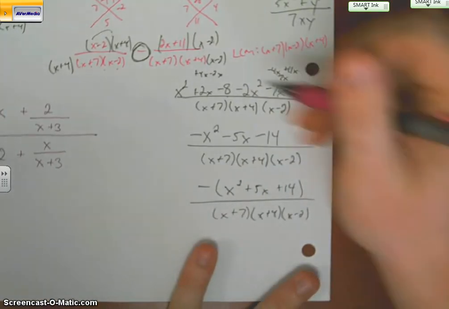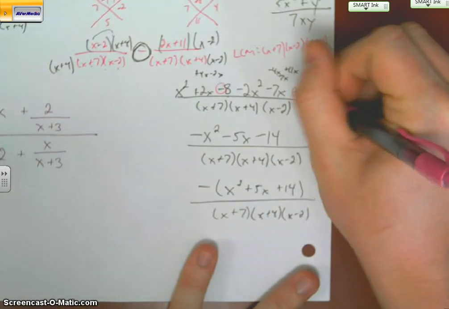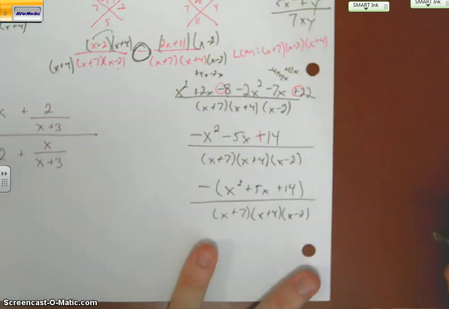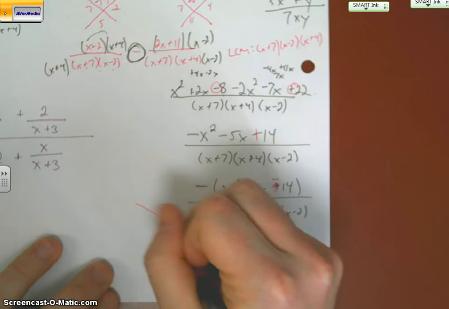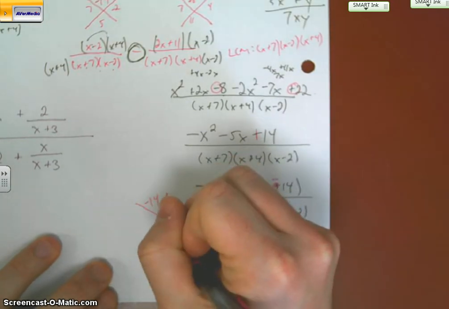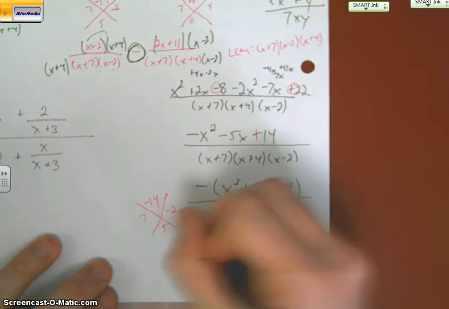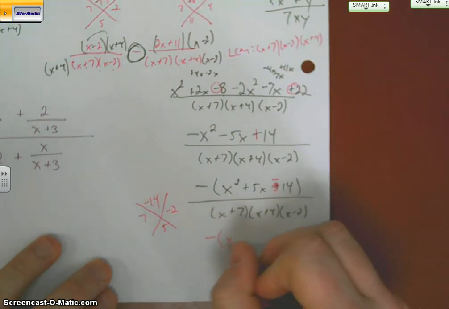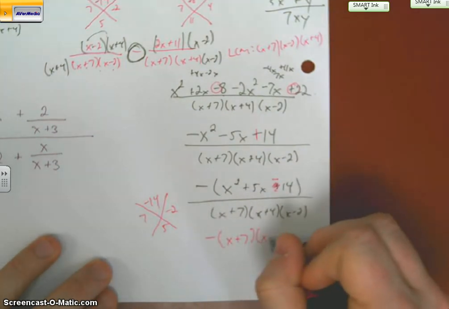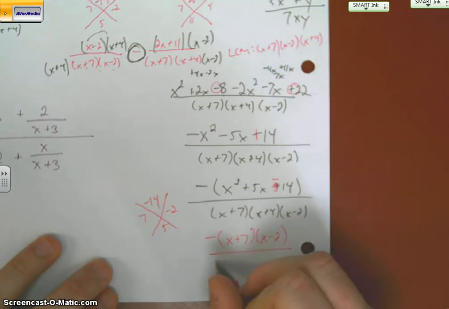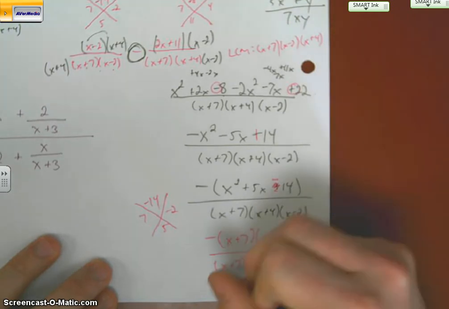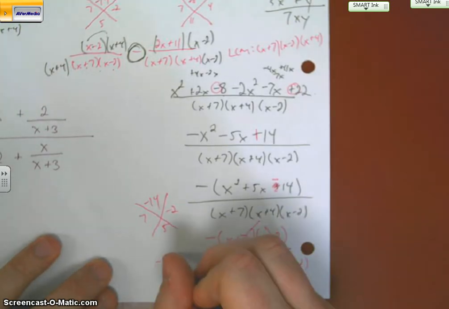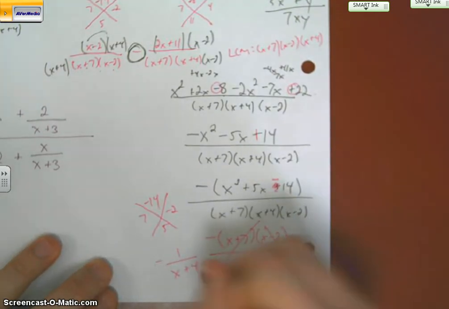A quick correction, I have a negative and a positive, so that should be a positive 14, making this a negative 14 after we factor it out. So let's X factor. So I end up with a 7 and a negative 2. These cancel, so we're ultimately left with negative 1 x plus 4.